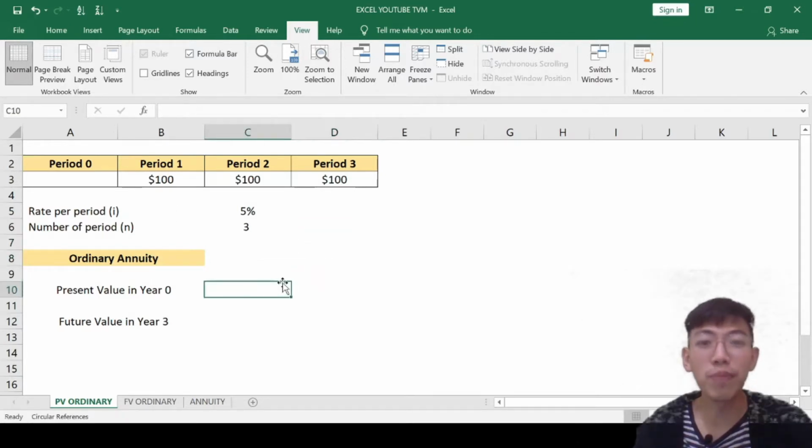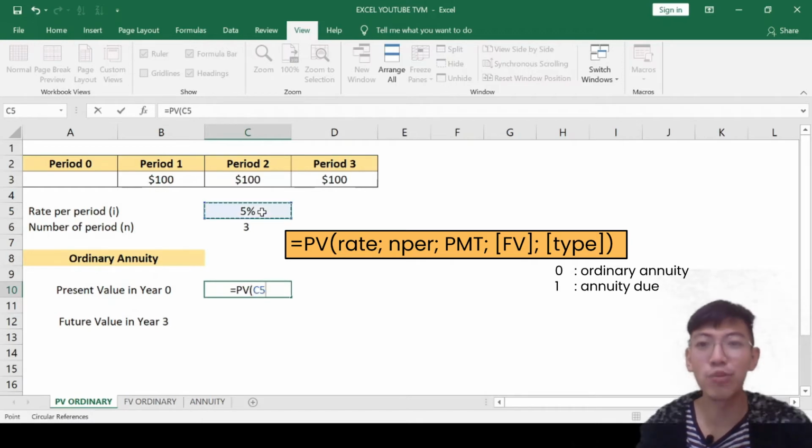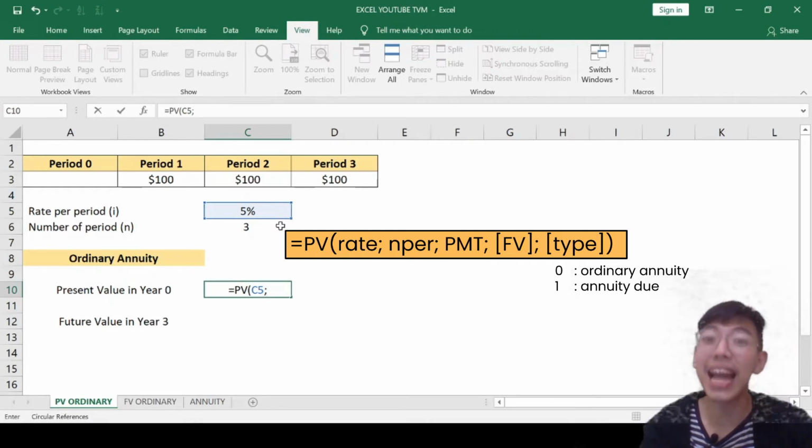To calculate the present value, you can type this formula: equals PV, open bracket, the rate, it is 5%, right? Just put the rate 5%, semicolon, NPER is the period, it is 3, right? Just put 3, and then PMT, PMT is payment.